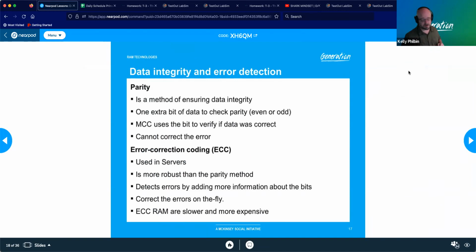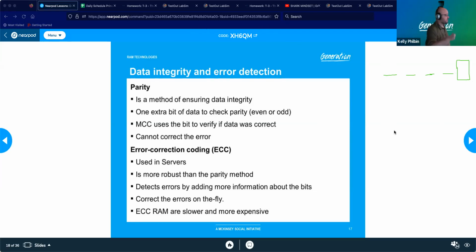So we need to talk about parity. And what exactly is this? Parity is essentially a way for us to determine whether or not the information we receive is good or not. I'm going to create a little box here. To simplify this, we're going to use a nibble, so 4 bits of information, 4 ones or zeros.